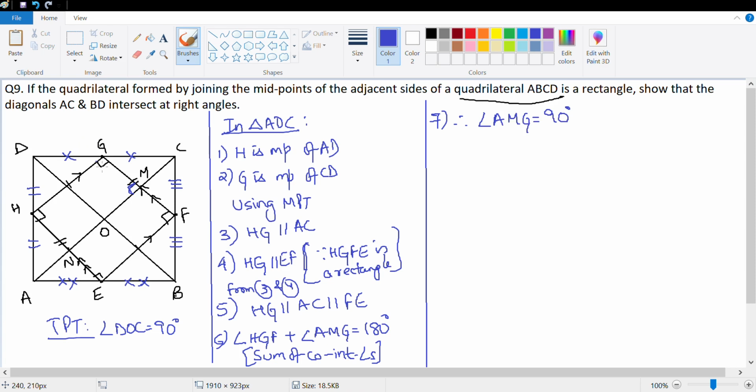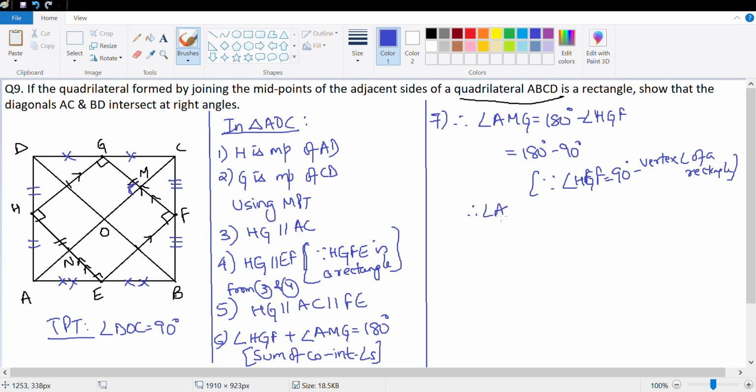So angle AMG is equal to 180° minus angle HGF, which is 180° minus 90°, since angle HGF is 90°, a vertex angle of a rectangle. Therefore, angle AMG is equal to 90°. So this angle is 90°.